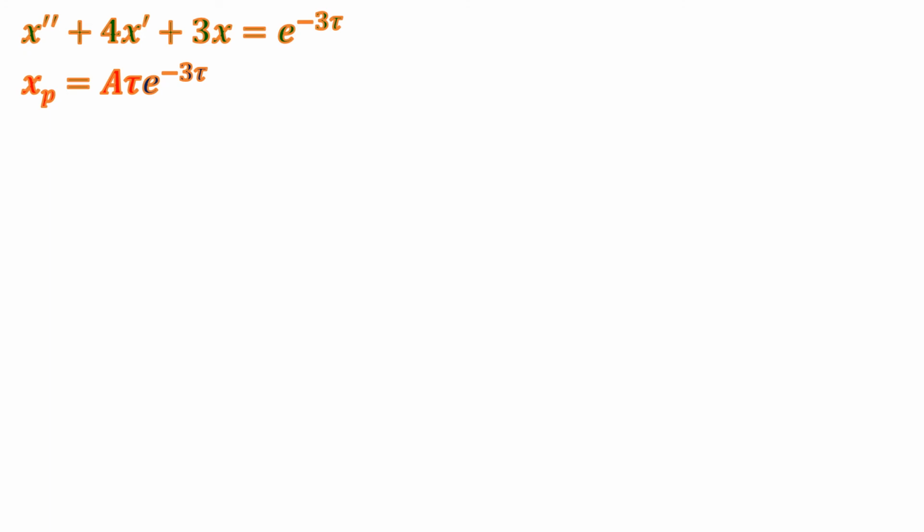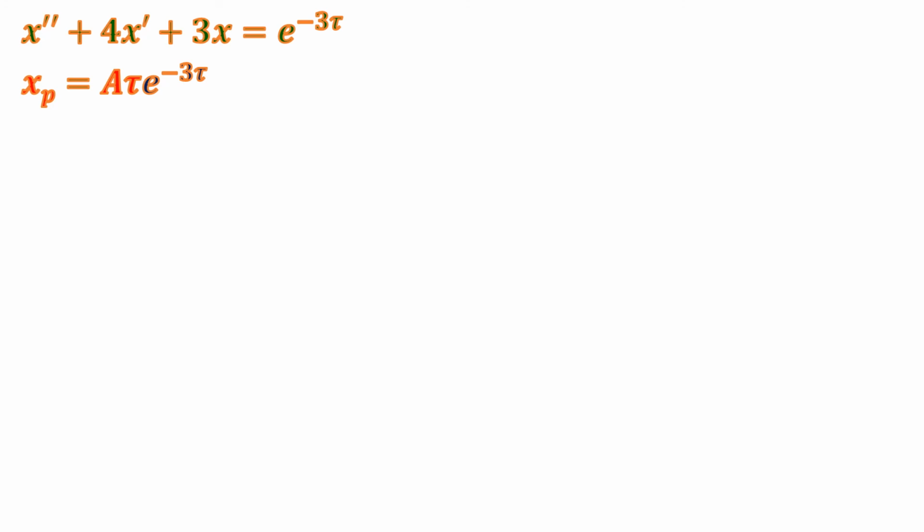The problem with that is, if we are going to have our general solution, the xp and the xc will be combined, which is not good for our solution. It will create a problem. So to avoid combining the xp and xc, we're going to put a variable t. If it's x, then we'll put x, but this time it's tau or t.